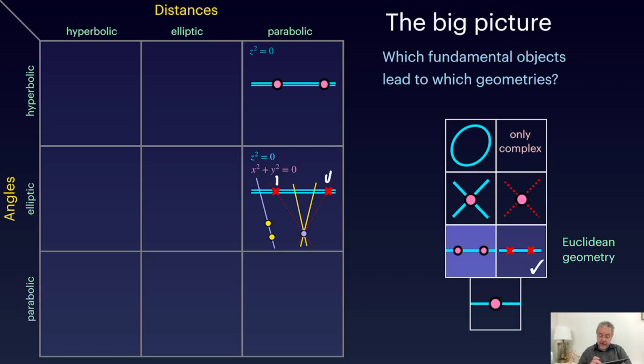Let's again first write down the primal and dual fundamental conic. The primal conic is still our double line at infinity, and the dual conic is represented by x squared minus y squared, which gives us two real points at 1, 1, 0 and 1, minus 1, 0 on the line at infinity.